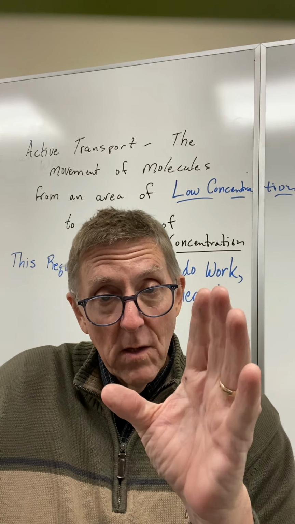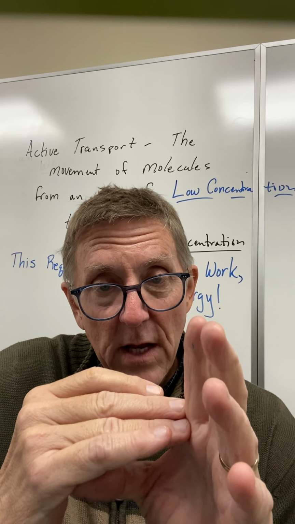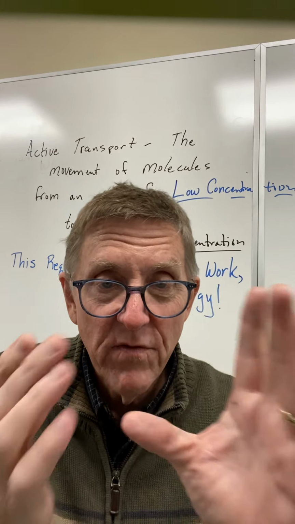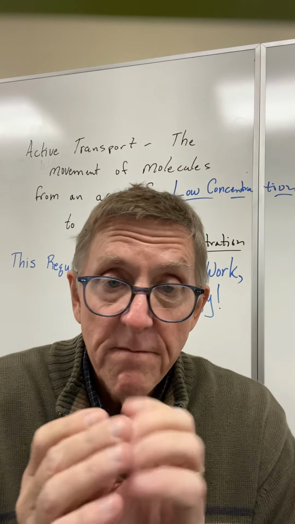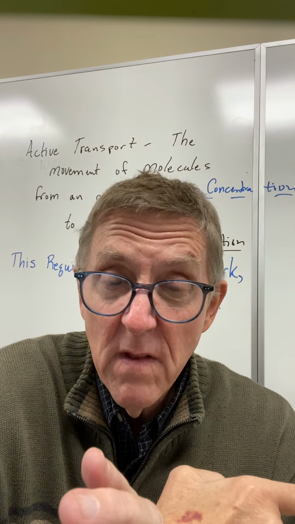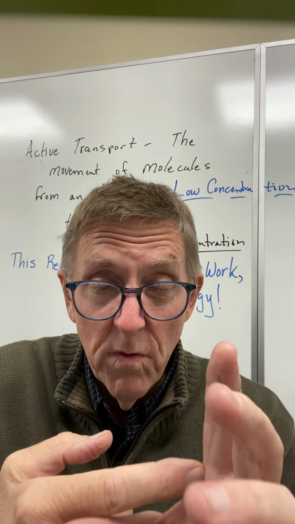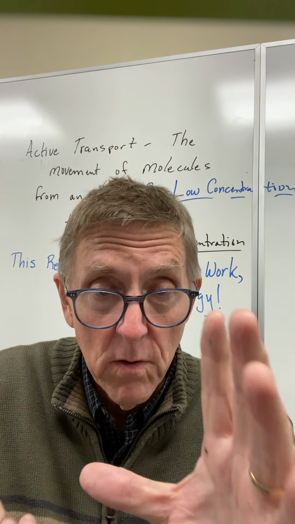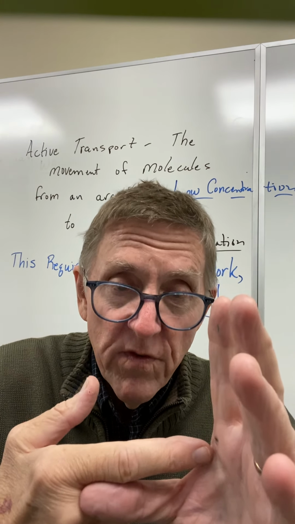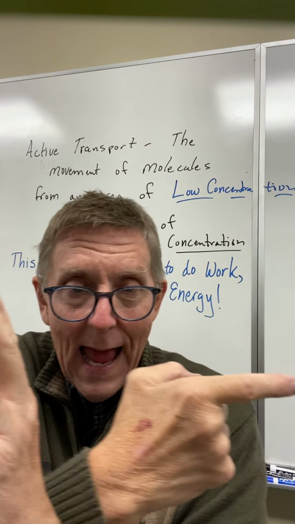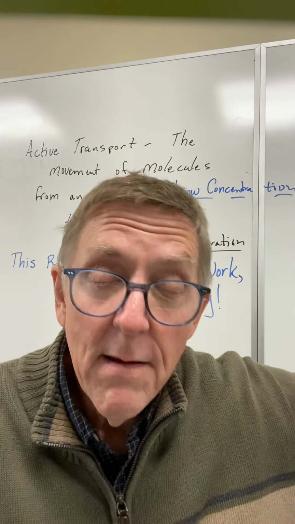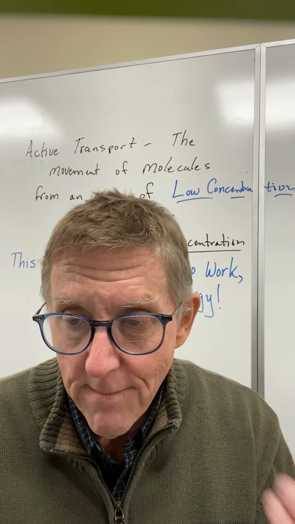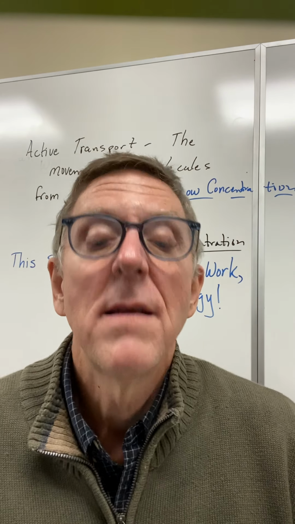You're in one location and you pass into the cells that are lining that location, and then out the other side into the other location. So if you're in the vagina and you need to get into the capillaries, you go through those cells through this process called transcytosis. The viral particles do this. They go endocytosis in, exocytosis out, and then on their way into the capillaries and eventually into the blood cells that they infect.